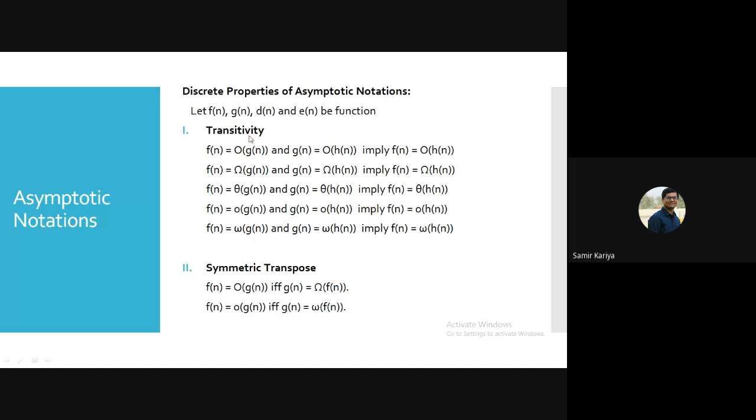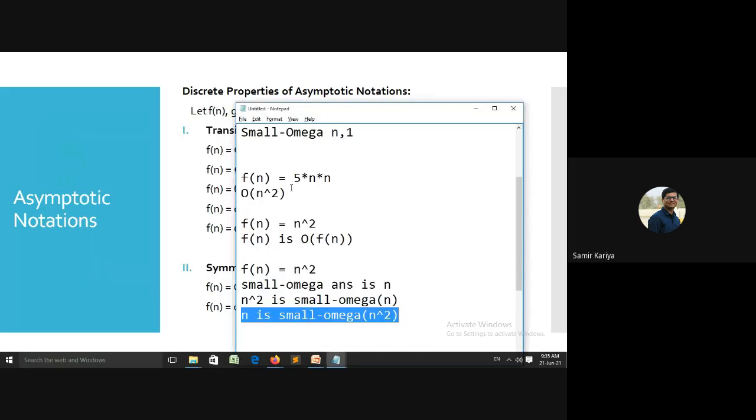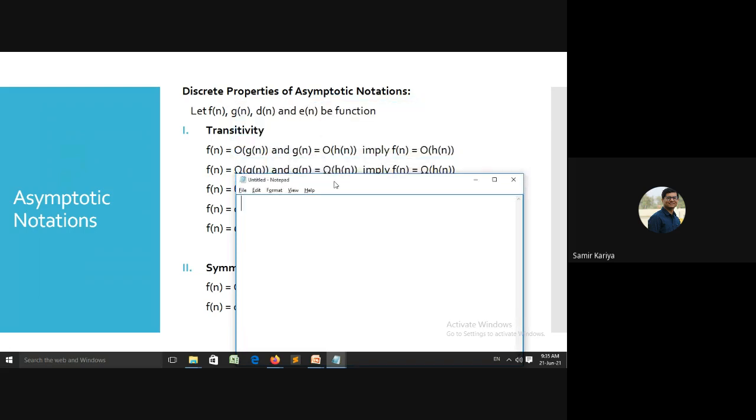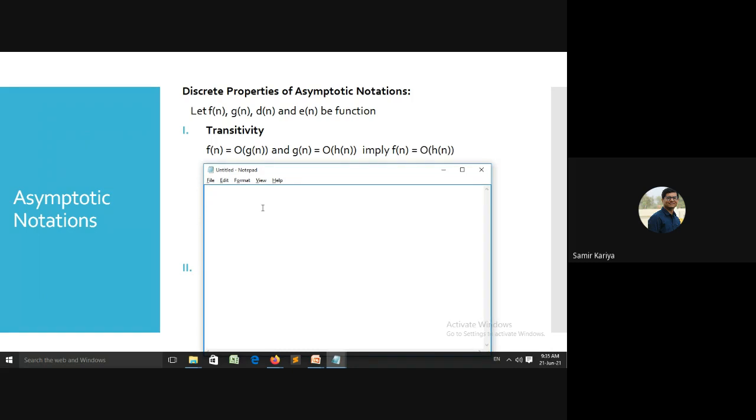So let's take an example here. f of n is order of g of n. So what is the meaning of this one? For the given statement, for the first point, f of n is order of g of n, that is the meaning f of n is less than or equal to g of n.